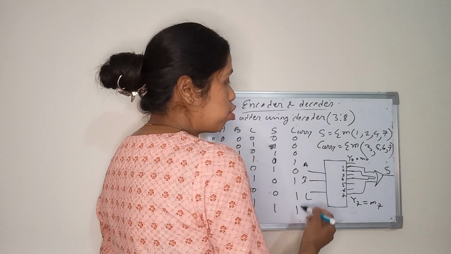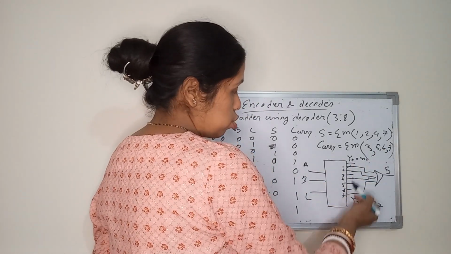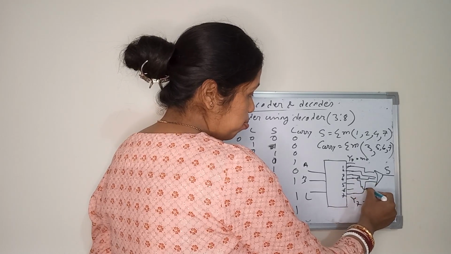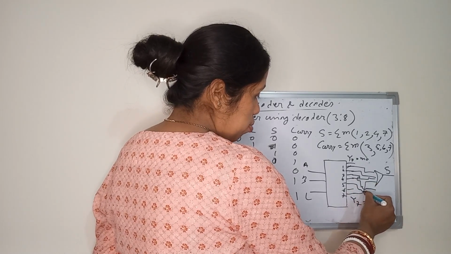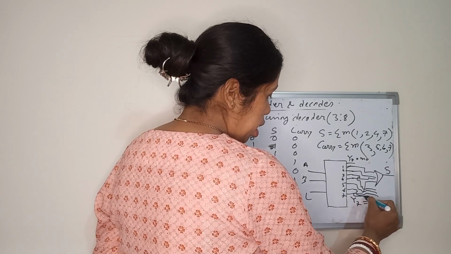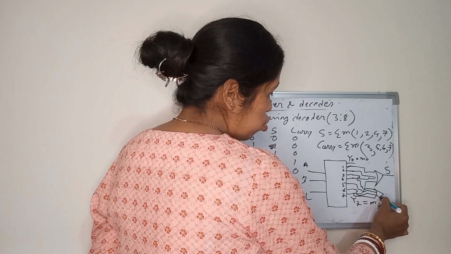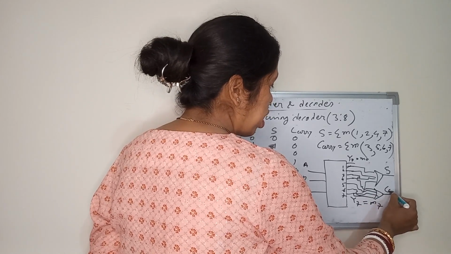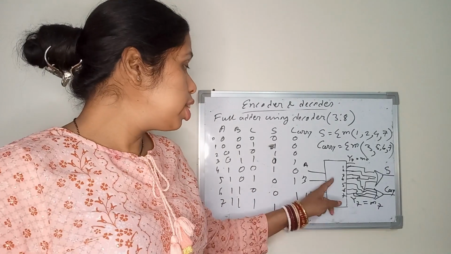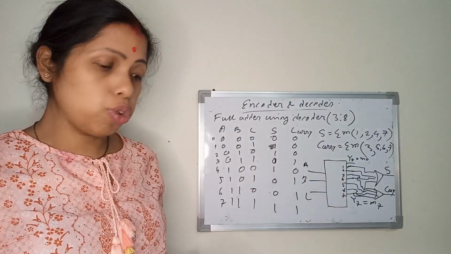And for carry I have to take min terms 3, 5, 6 and 7. Again you have to do the OR operation. Here you will get your carry. Okay, so this is the full adder using 3 to 8 decoder.